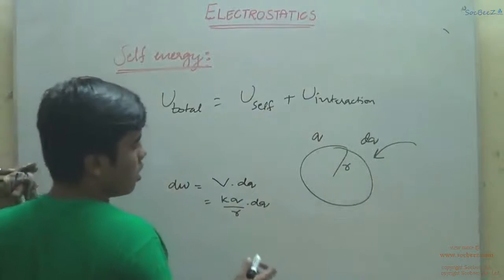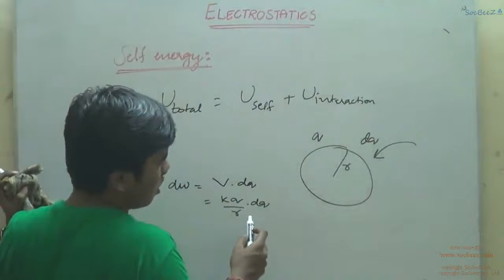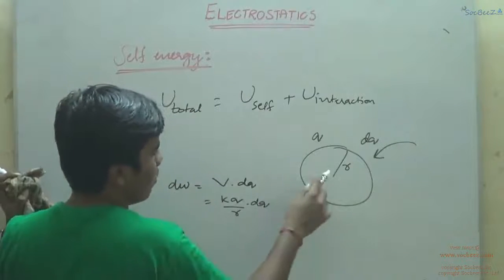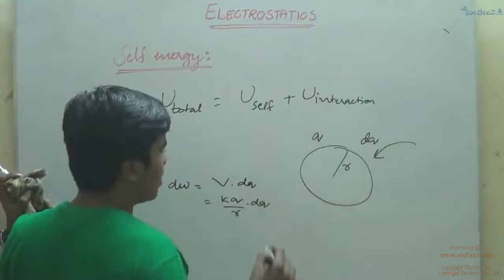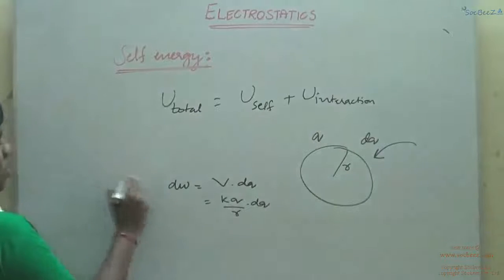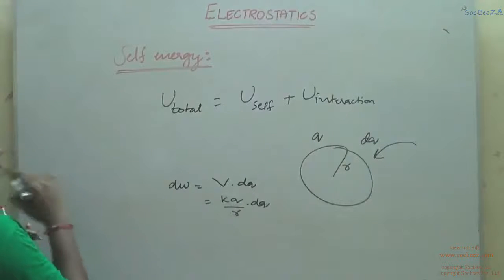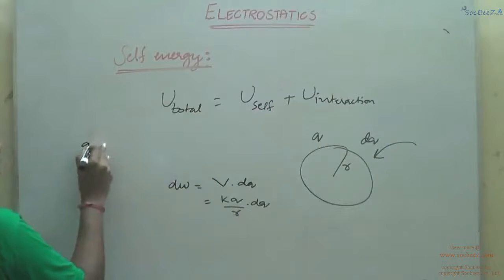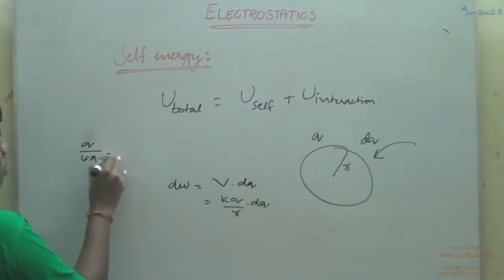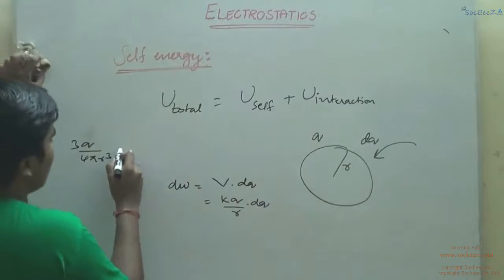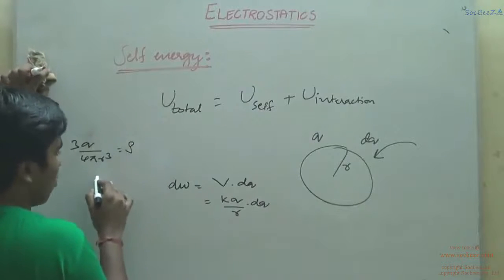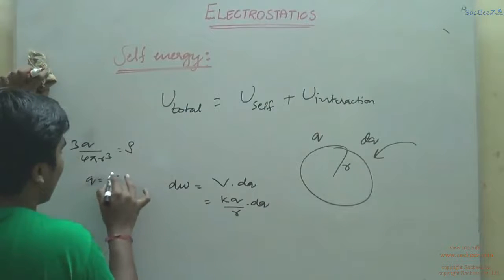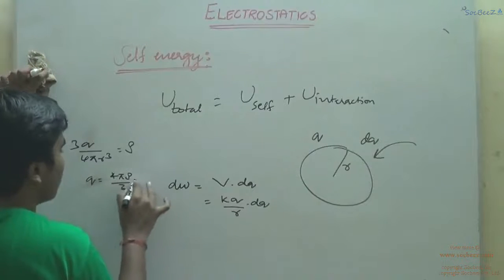Thus, now what is kq by r? Now q and r are related. We know that the volume charge density should remain constant. So the volume charge density means that Q by 4 by 3 pi r cube should be equal to rho. So q can be written as 4 pi rho by 3 r cube.